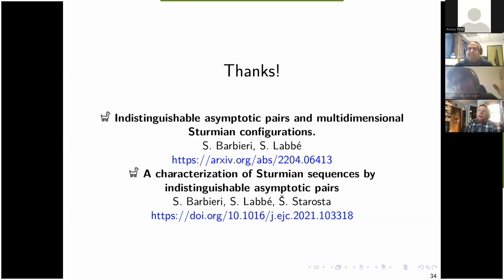You need to look at the left to get exactly one occurrence of each pattern in the difference set. In N, you don't. You get asymptotic Sturmian configurations, but they are not indistinguishable with this definition. So you don't get exactly the same, you need to look at Z to make this work.